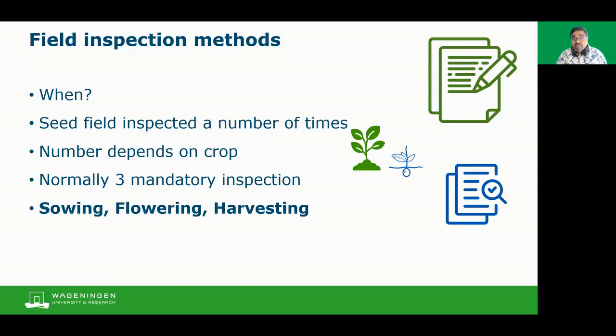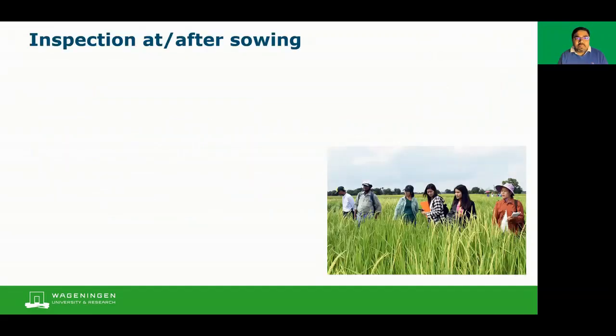Second, at the time of flowering, because that's when the flowers are exposed to foreign pollen grains. And then at the time of harvesting, when many varieties are harvested at the same time, we need to see that there is no mechanical admixture. These are the primary things that we are looking for.